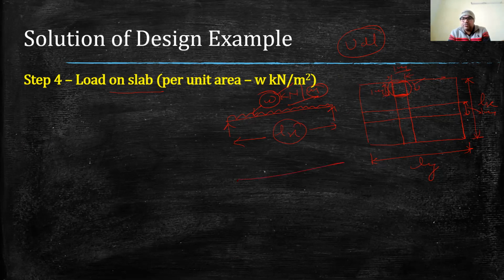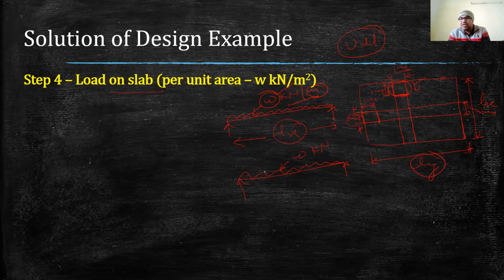Similarly for Ly also, the same load will be considered, because in case of Ly, you can see this is 1 meter, and if we consider only the unit length of this strip, this also becomes unit area, because this is 1 meter, this is 1 meter.